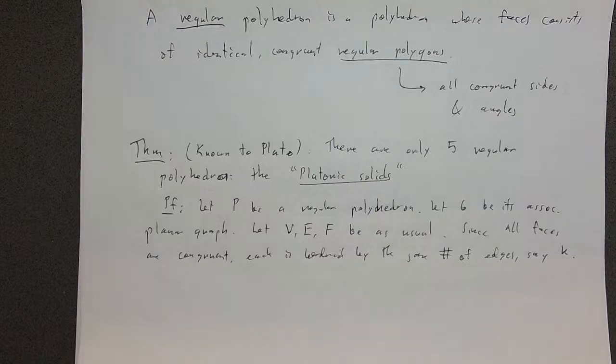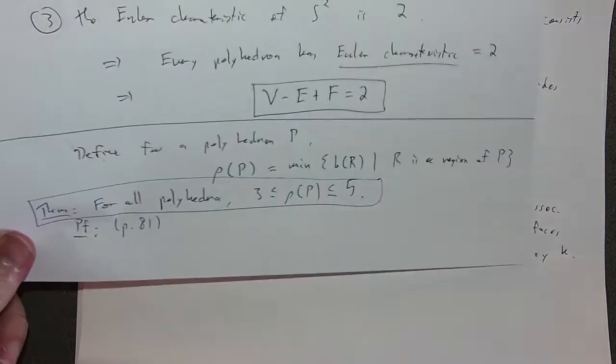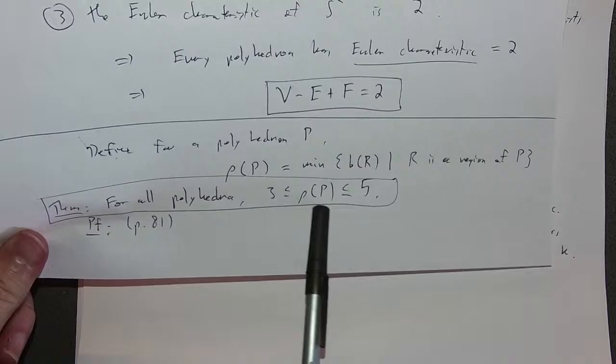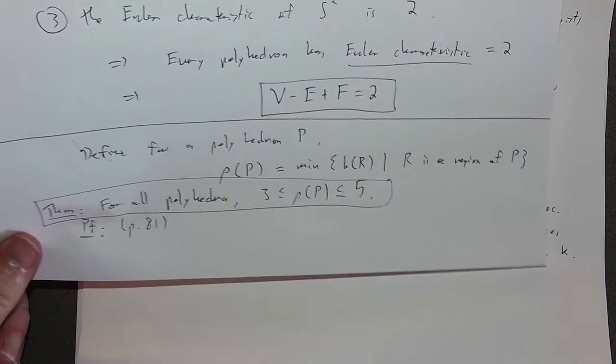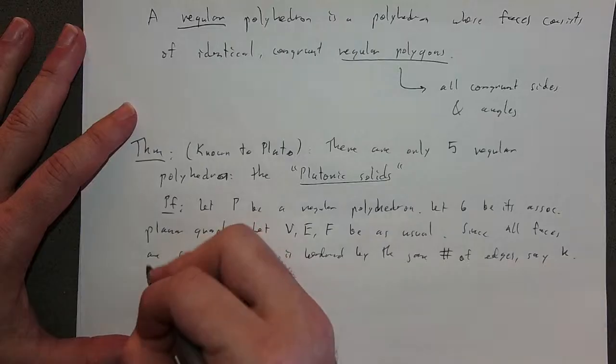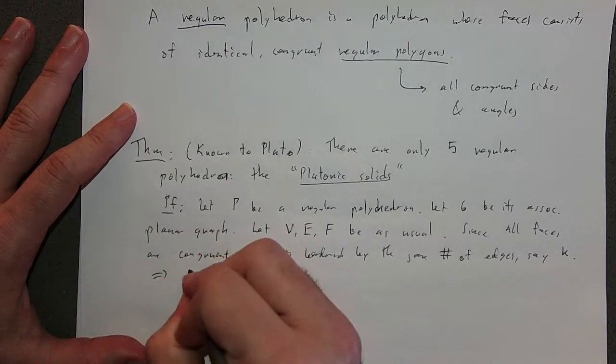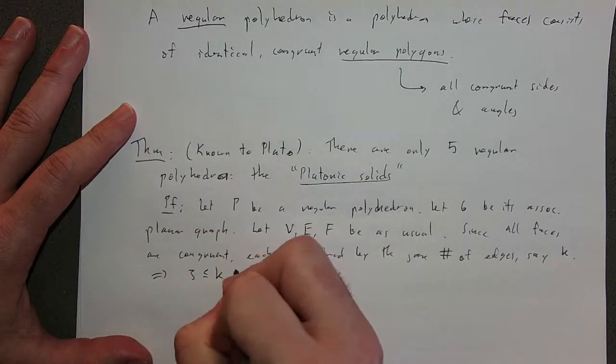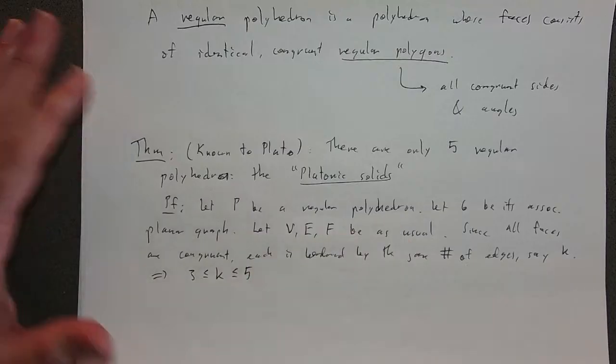The previous theorem that says for any polyhedron this minimum bound degree is between 3 and 5 says that k is between 3 and 5. And those are the options.